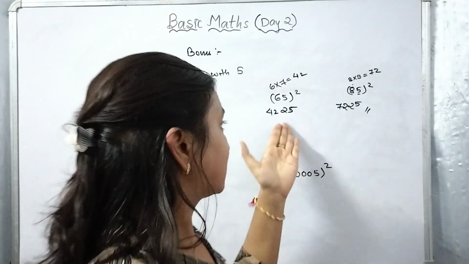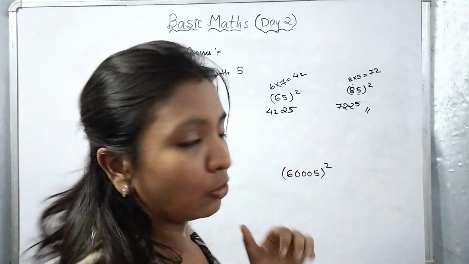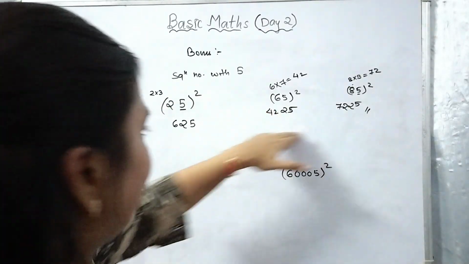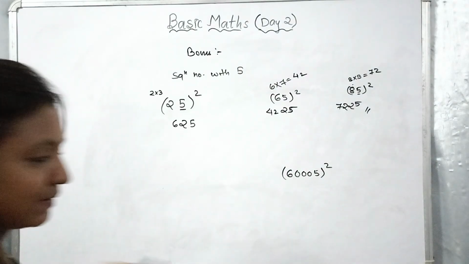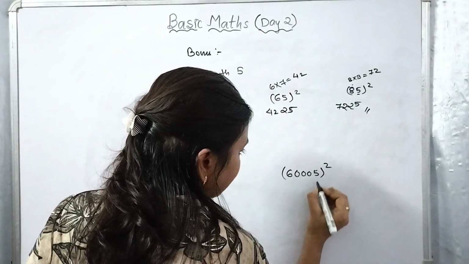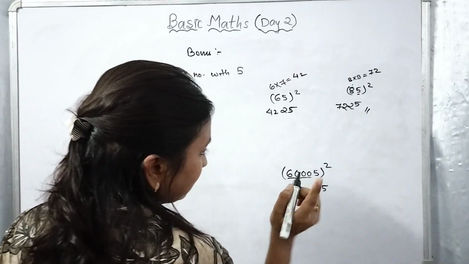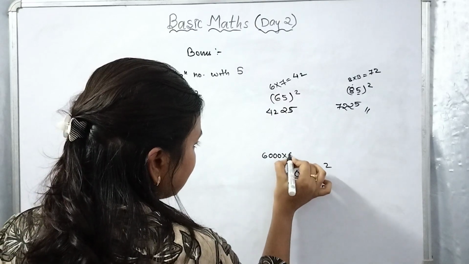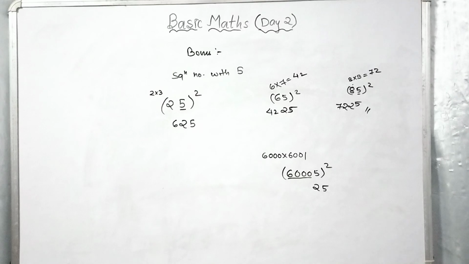I don't think the easiest way for this can be anything other than the way I taught you now. So this was kind of easy, but what about this? You will again use this same trick here. 5 square is 25. So you will keep this here. This was left, so you will multiply 600 with 601. Fine. After 600, 601 will come.